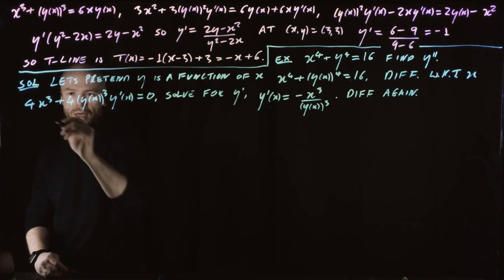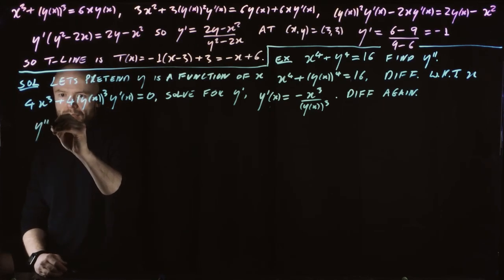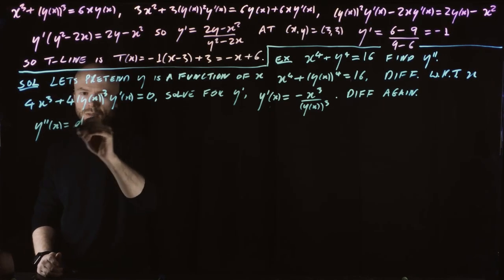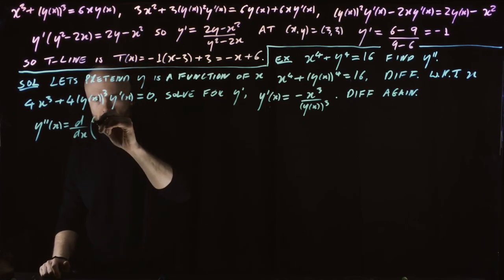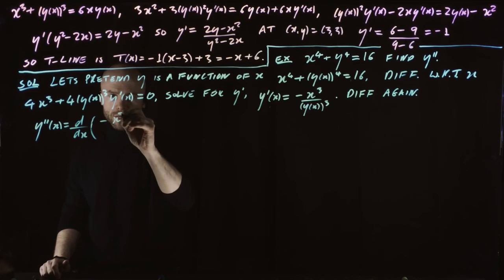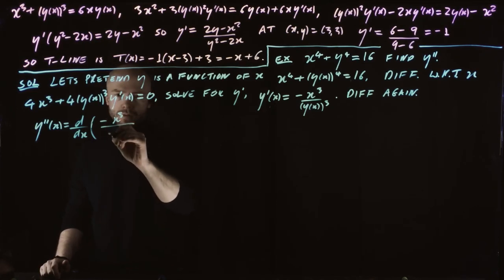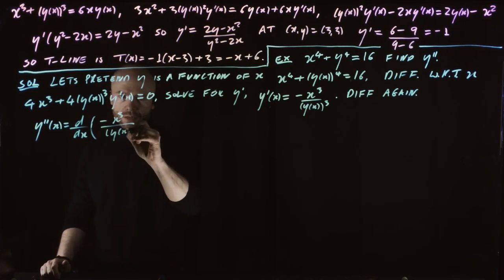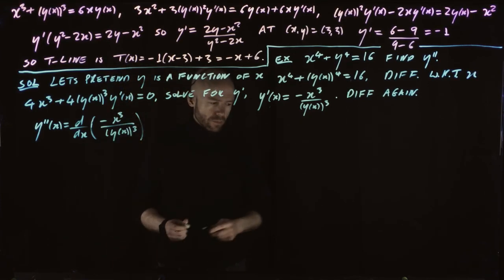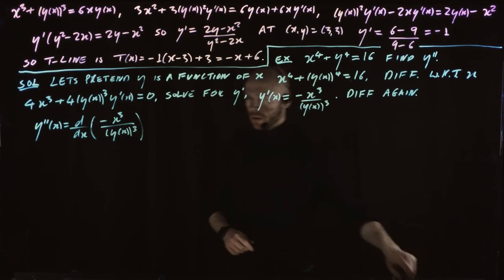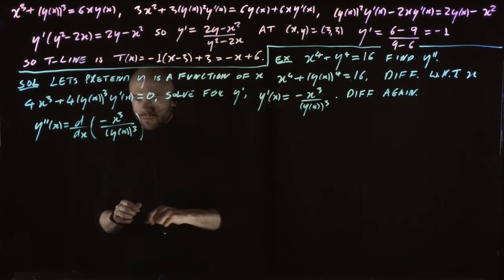So y double prime of x is d by dx of minus x to the 3 over y of x to the power 3. Cool. Then we do this differentiation.